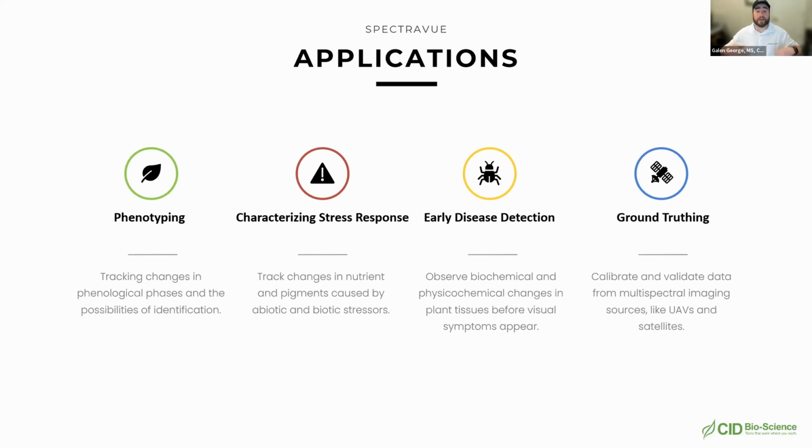So you go out with a higher resolution spectrometer like the CI-710s, and you take samples throughout your field where you already have taken your drone images or your satellite images for your NDVI or some other vegetation index, and you can compare and either calibrate your images to those ground truths, or just validate that your UAV drone work is accurate, and that the vegetation indices you're measuring are giving you correct results.